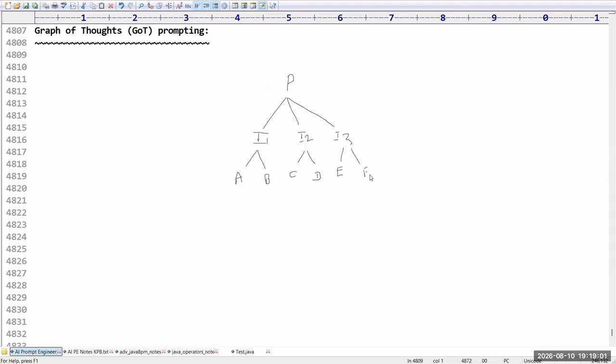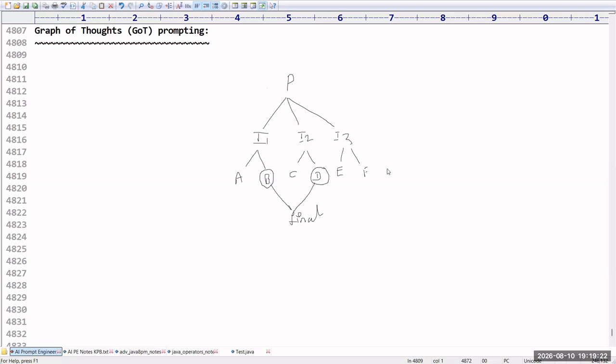Assume just for example, among these, I found that option B and option D are giving the best solutions. Now we will combine this approach and provide a final answer. This is the case in tree of thoughts, friends.